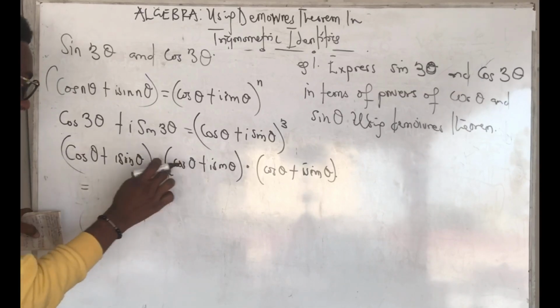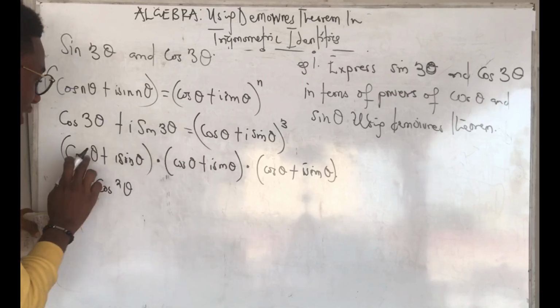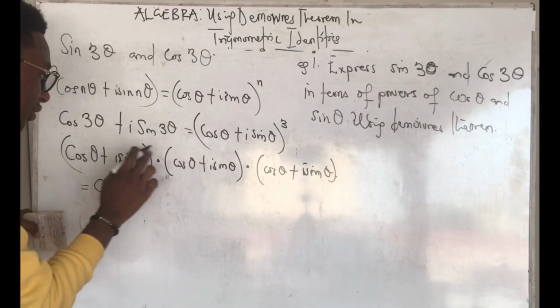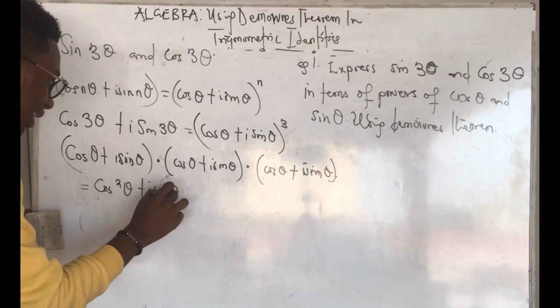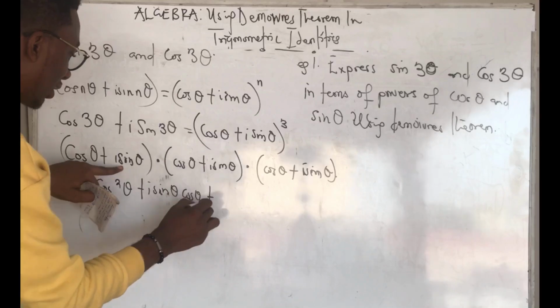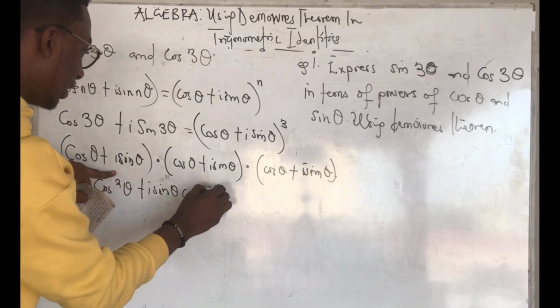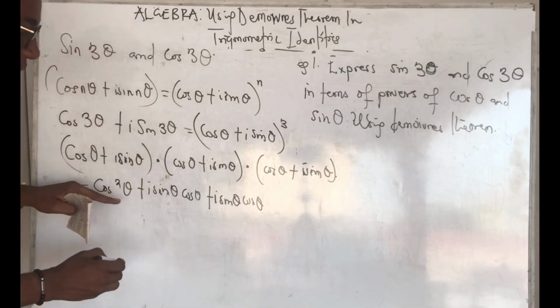You have cos square theta, plus i sin theta cos theta. Coming to this side too, we get i sin theta cos theta. Please watch me very carefully.